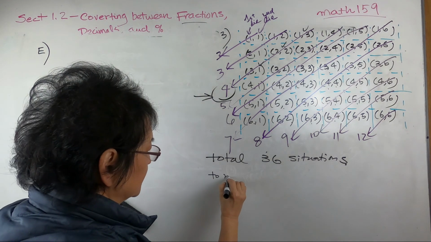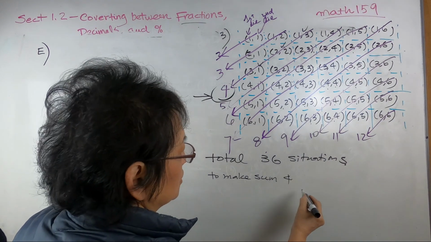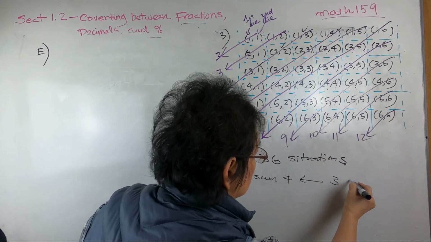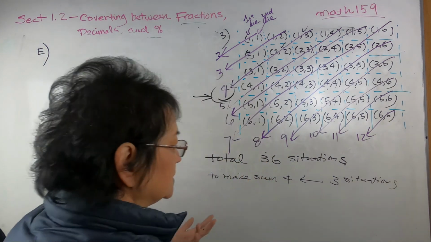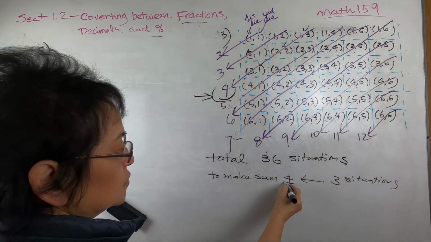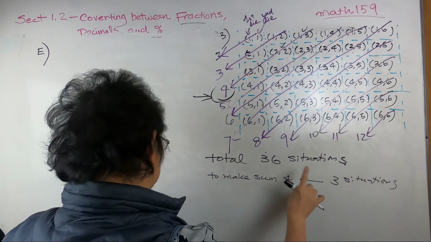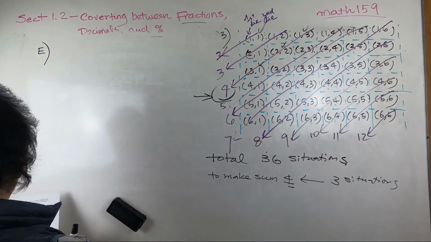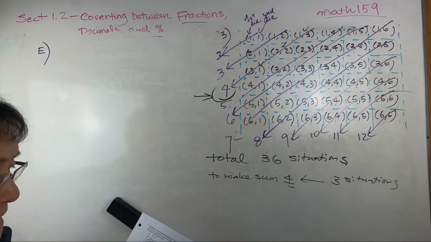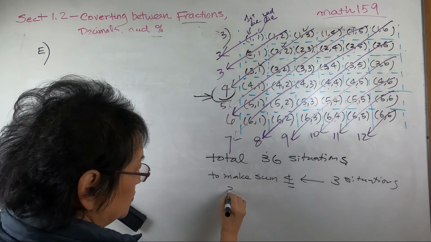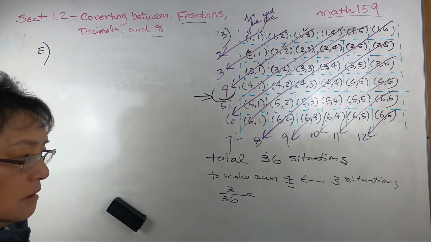To make a sum of 4, you have 3 situations. So what's the chance? The chance of getting 4 out of the total situations. That means 3 situations out of a total 36 situations, right? So it will be 3 out of 36.